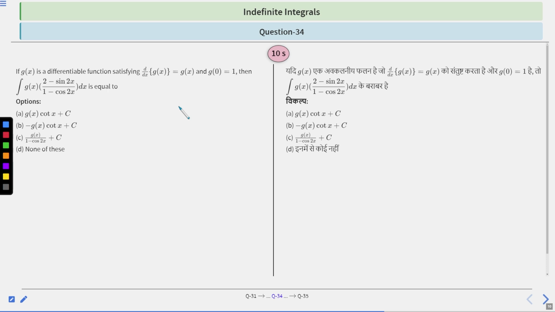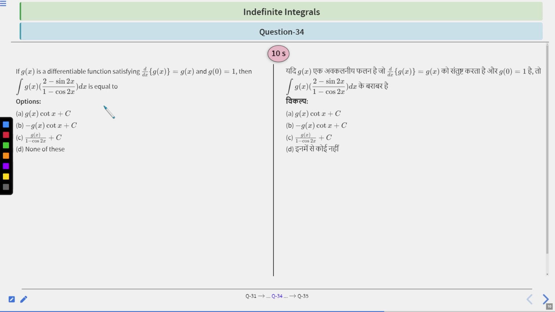When you see this question carefully, you will observe that 1 minus cos 2x can be converted into the form of some sine x like thing.